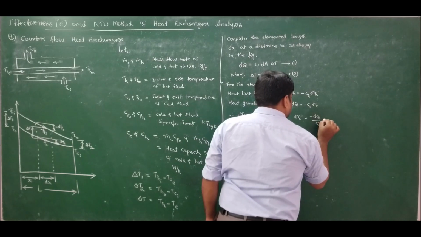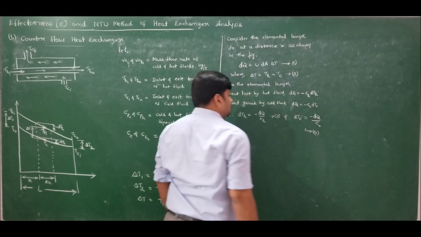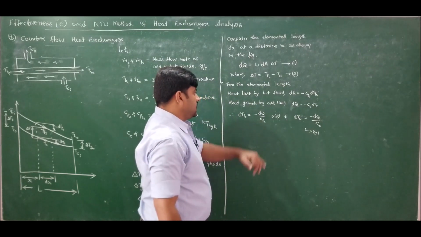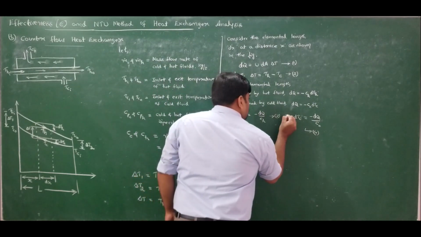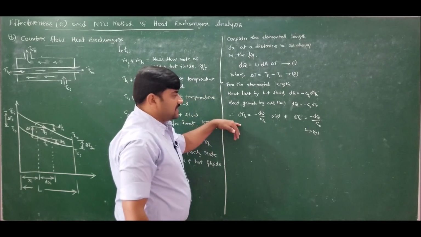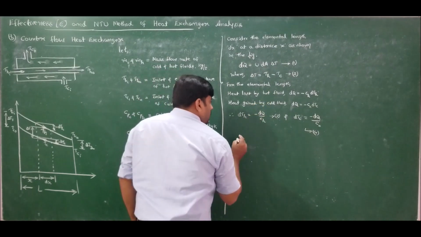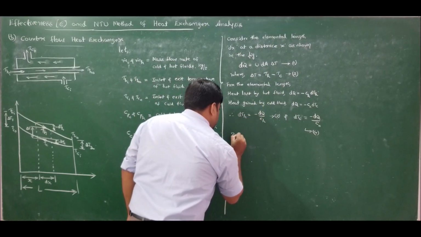Take it as equation number 4. Now use equations 3 and 4 to move further, similar to what we did in our previous lecture for the parallel flow heat exchanger. Now consider equation 2 and differentiate it. Differentiating equation 2.